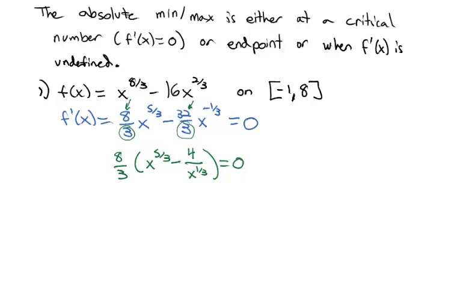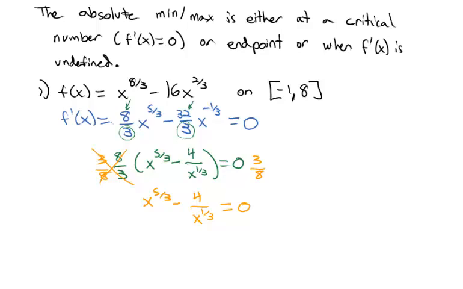To make life easier, let's multiply both sides by the reciprocal of that fraction, 3/8, which just gets rid of it. We have x to the 5/3 minus 4 over x to the 1/3 equals 0, since 0 times anything is 0.